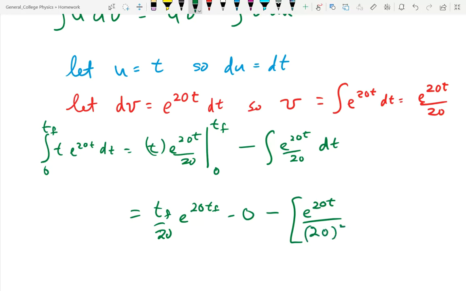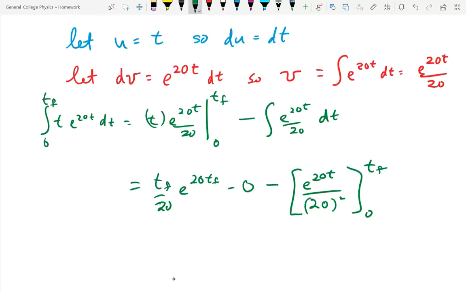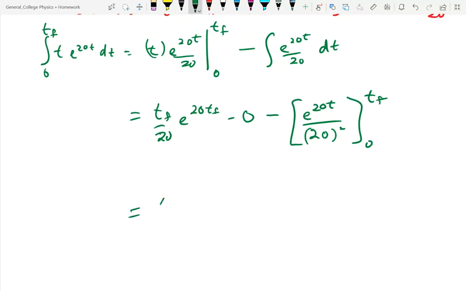Now I have the 20 from the second one. Upper limit minus the lower limit, since there was a minus sign, that's why I have a plus now.